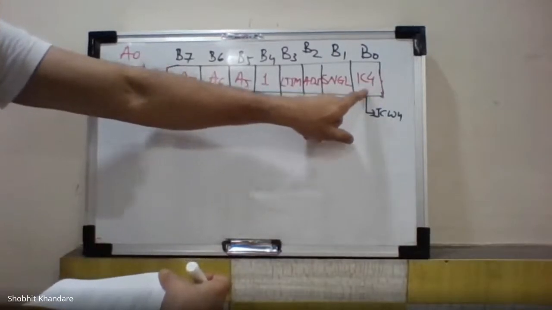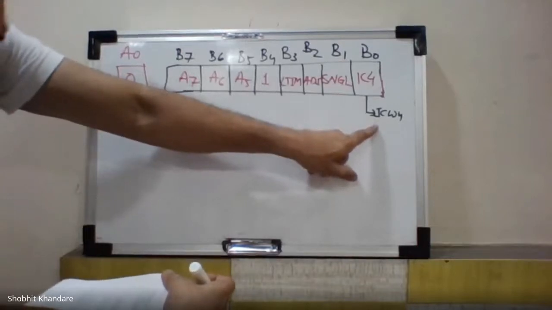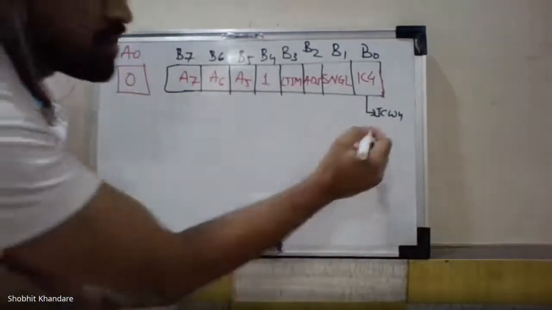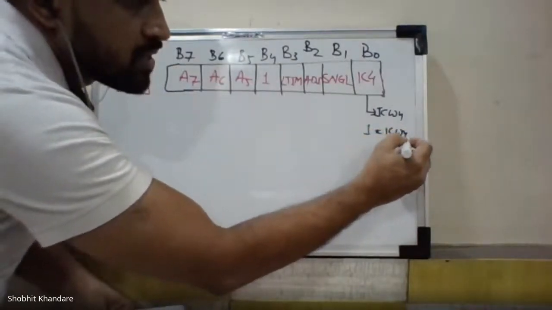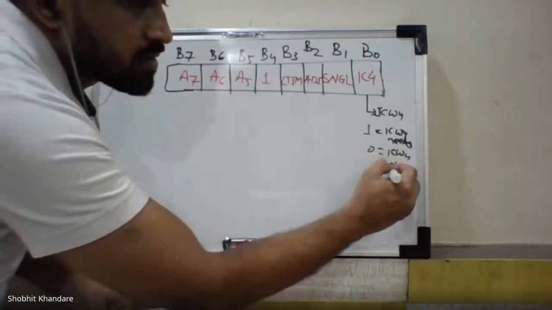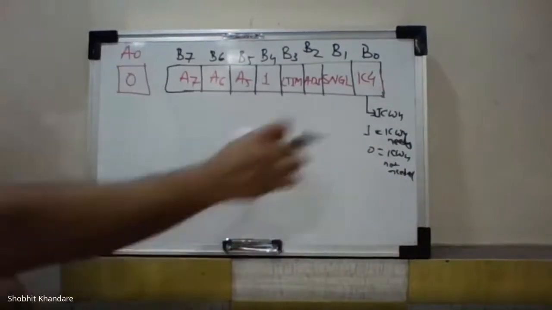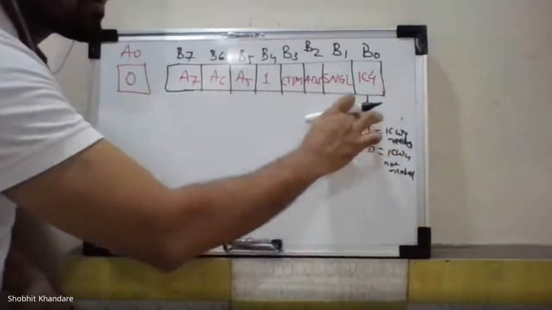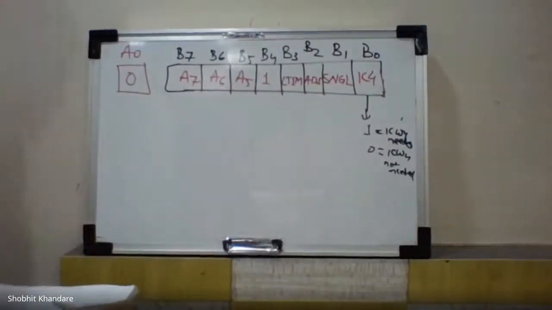You can draw this arrow and write: 1, ICW4 needed; 0, ICW4 not needed. This you can write down for the first bit.